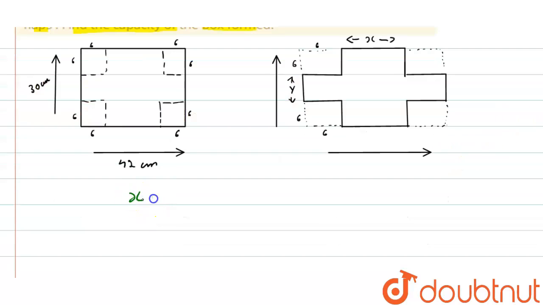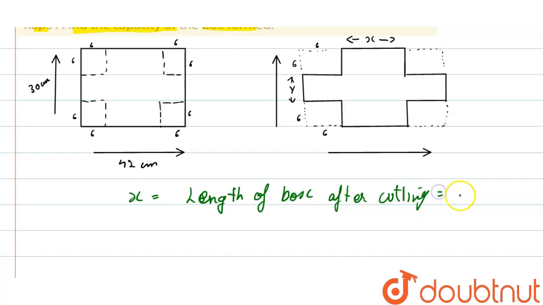So here we can write x equals to length of box after cutting, that is equals to 42 minus 6 plus 6, right?